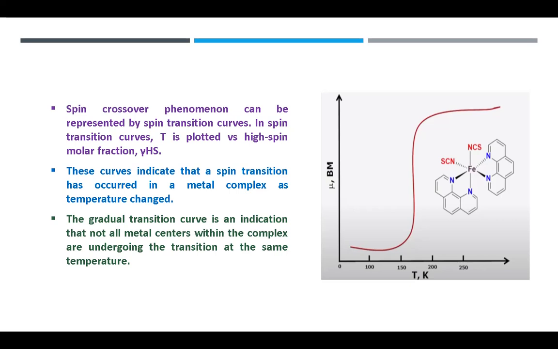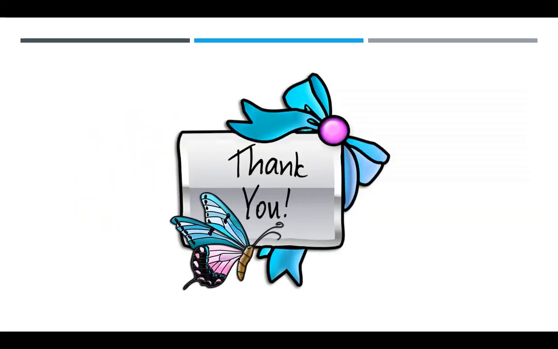This indicates that, at 175 K, the complex exists as both high spin and low spin complex. Thus, the magnetism of the complex changes sharply at 175 K. Thank you.